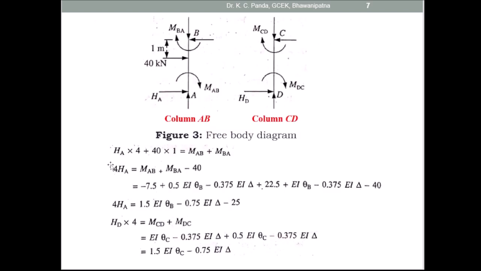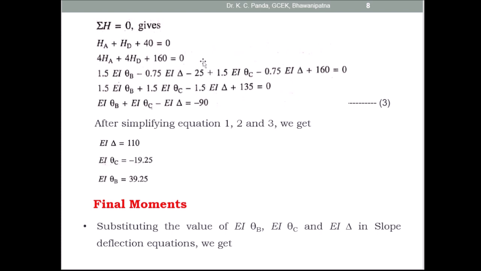You know 4HA is equal to 1.5 EI theta B minus 0.75 EI delta minus 25, and 4HD is equal to 1.5 EI theta C minus 0.75 EI delta. Put the values of 4HA and 4HD in this equation. After simplification, you get the third equation: EI theta B plus EI theta C minus EI delta is equal to minus 90.